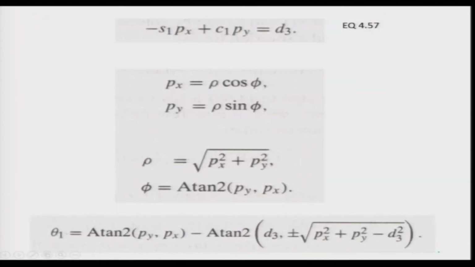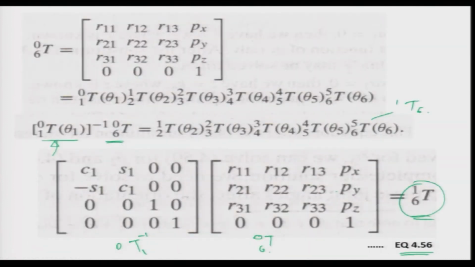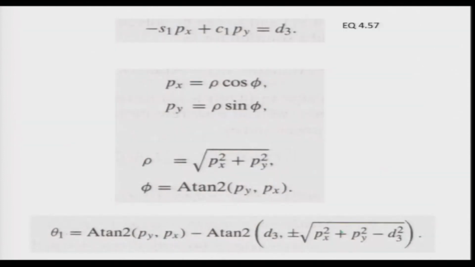Now if you equate this one, Py, which was D3, so this fellow was D3, with the second term of this matrix, I take this and multiply with that, and what we get is minus S1 Px plus C1 Py is equal to D3.